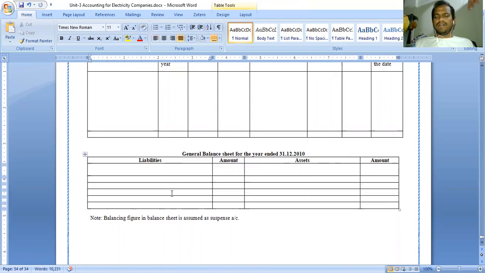So any other fund like depreciation fund, reserve funds, we have to mention it in the liability side of the general balance sheet. Why? Because we are not going to reduce the depreciation amount from the fixed asset.